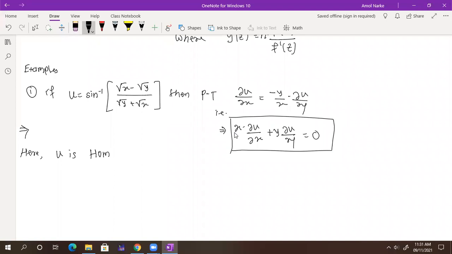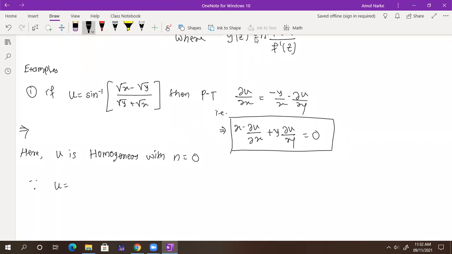You can go for the next one. Of course, n becomes 0, and that time also you will get the same thing. So here u is homogeneous with degree n equal to 0. Why?